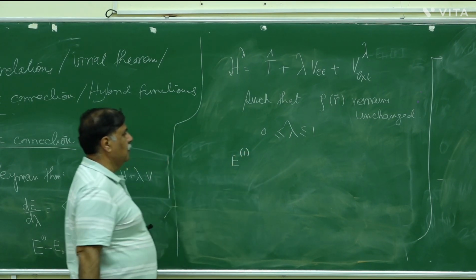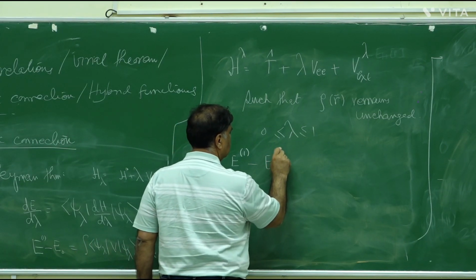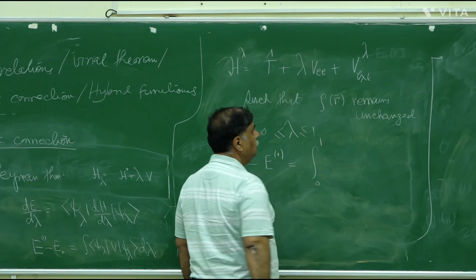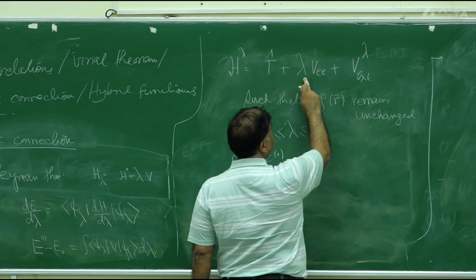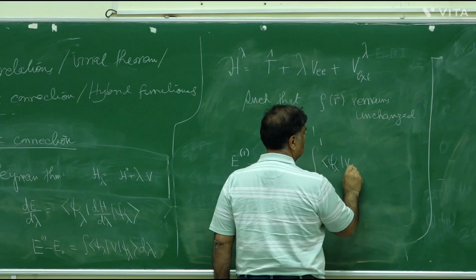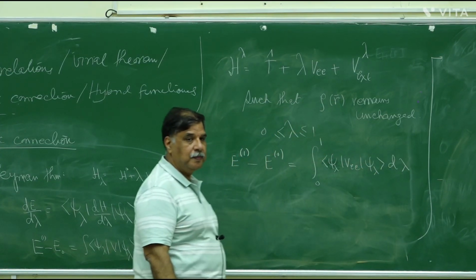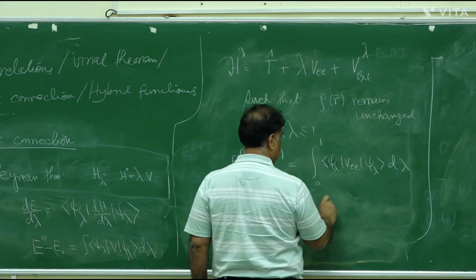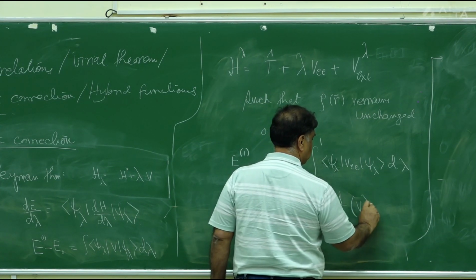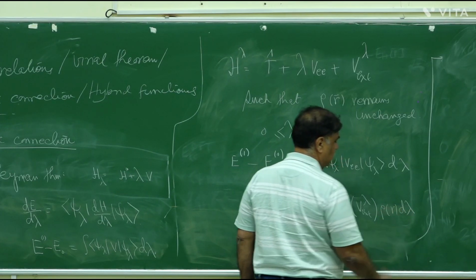But right now let's just do E for the full lambda equal to 1 minus E_0. It is going to be the integration from 0 to 1 of the derivative with respect to lambda, which is here psi_lambda V_ee psi_lambda d lambda, plus the integration of d by d lambda of V_external lambda, rho(r), d lambda.